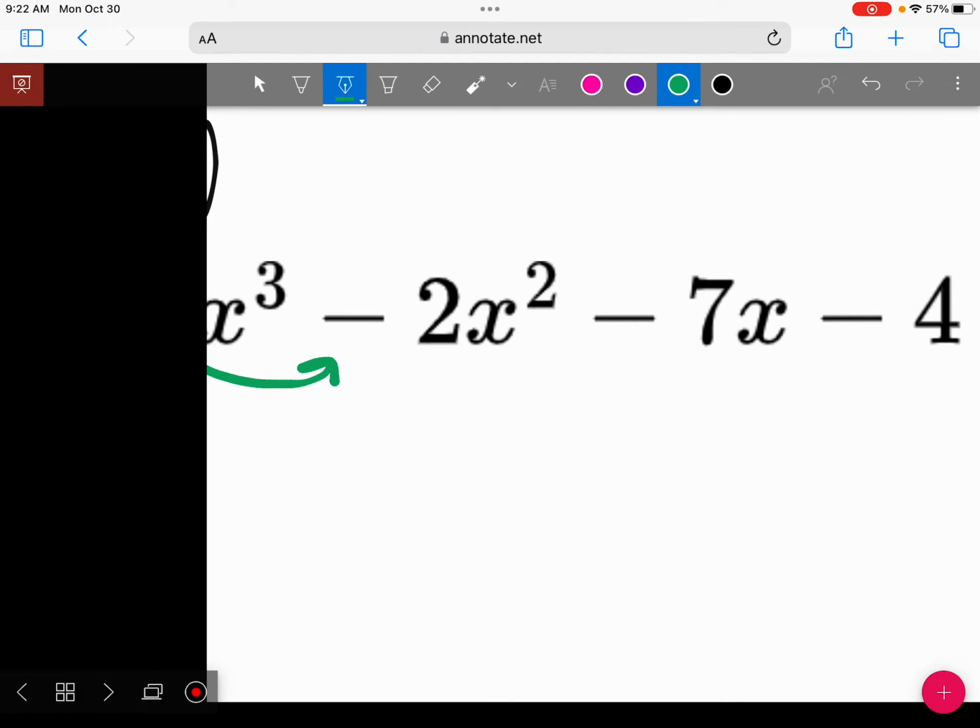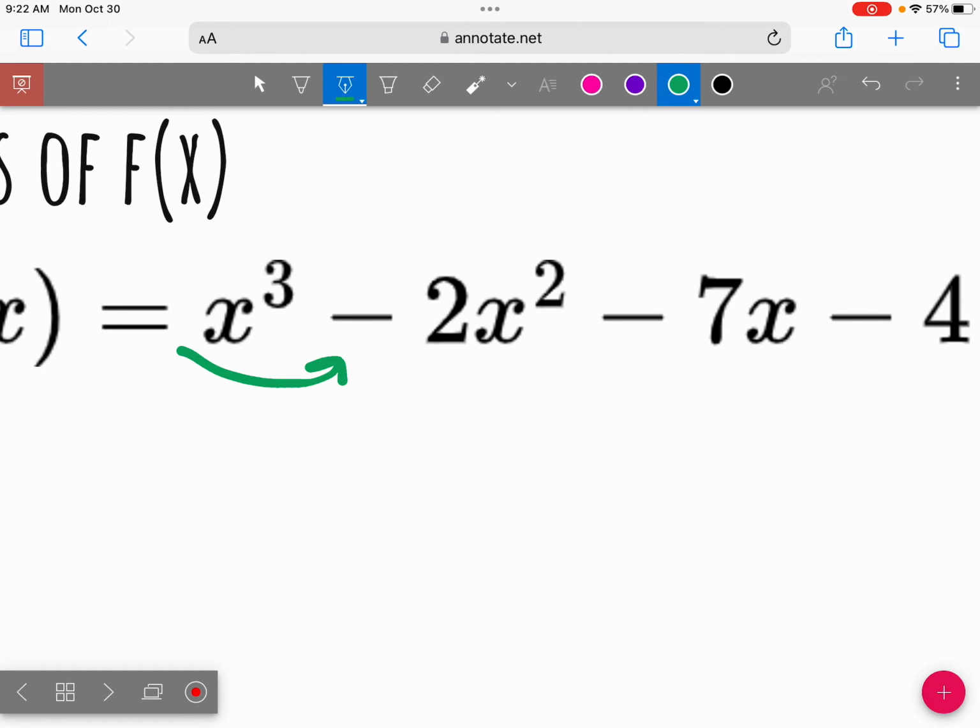To figure out how many negative roots, what do we do? f of the opposite of x. So when we substitute the opposite of x, negative x cubed, minus 2 times the opposite of x squared, that doesn't change my sign.